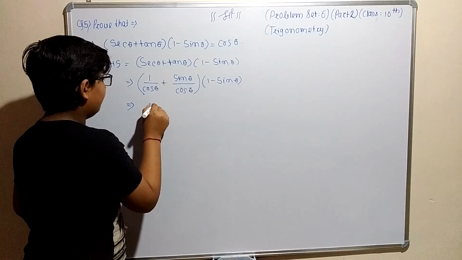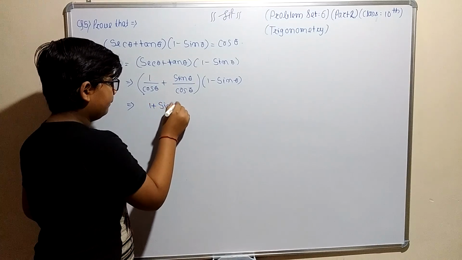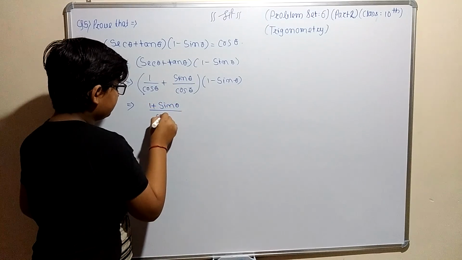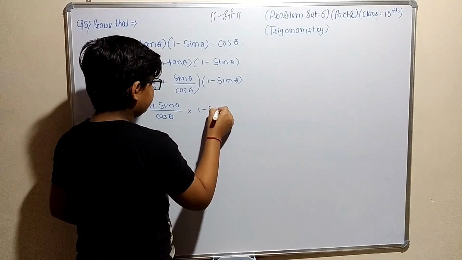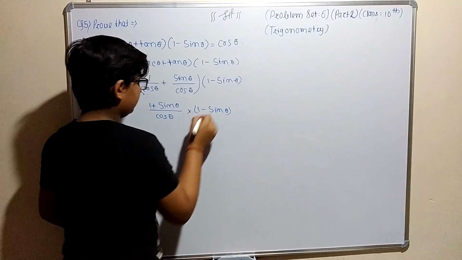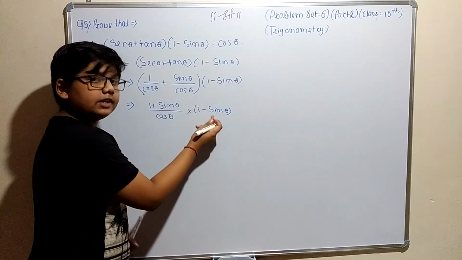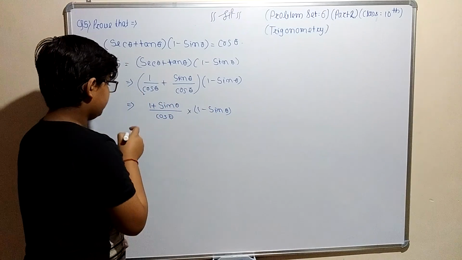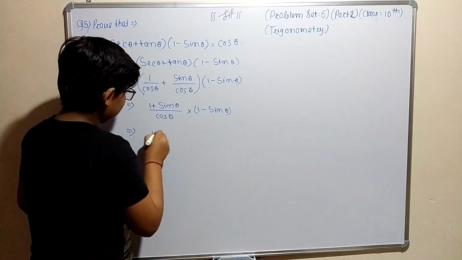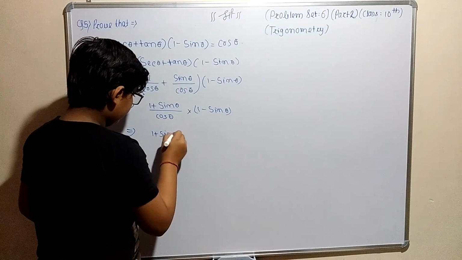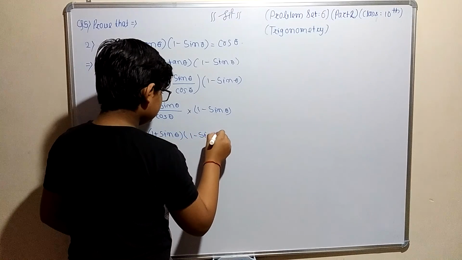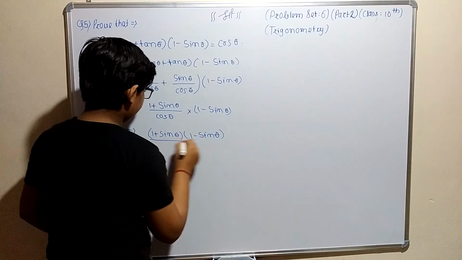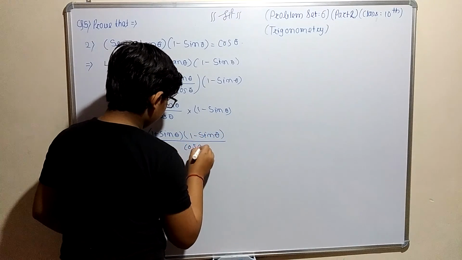So we will get (1 plus sin theta) divided by cos theta, multiplied by (1 minus sin theta). Numerator into numerator divided by denominator into denominator. So it will be (1 plus sin theta) into (1 minus sin theta) divided by cos theta.